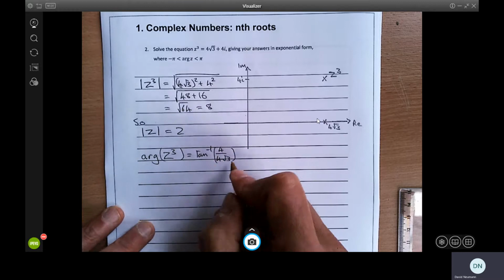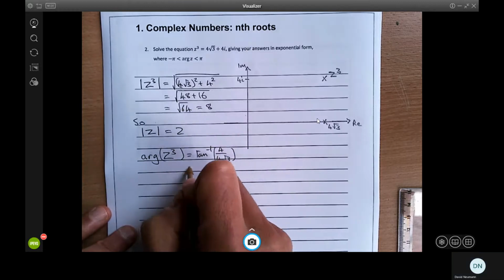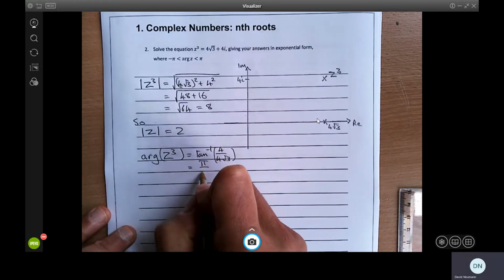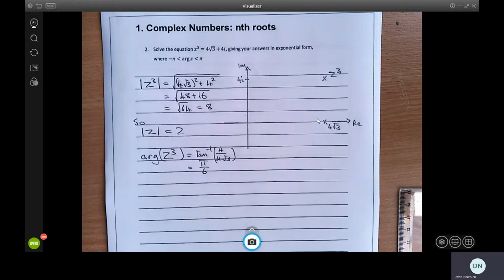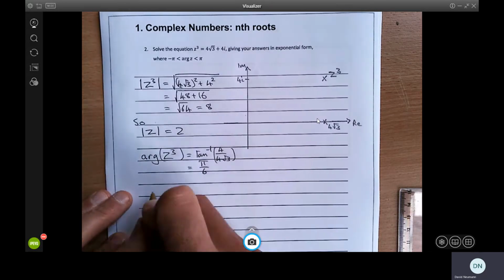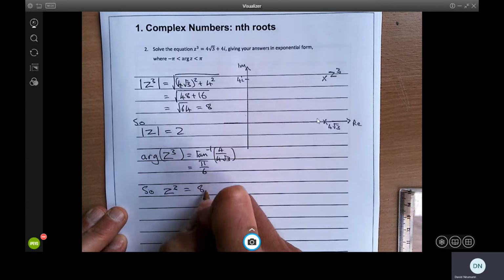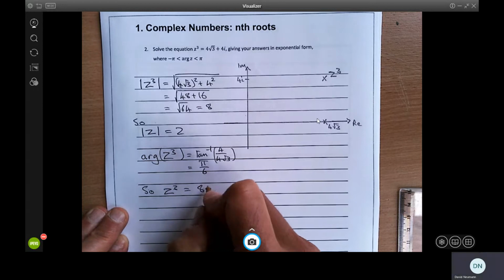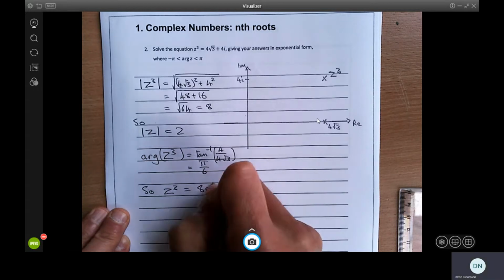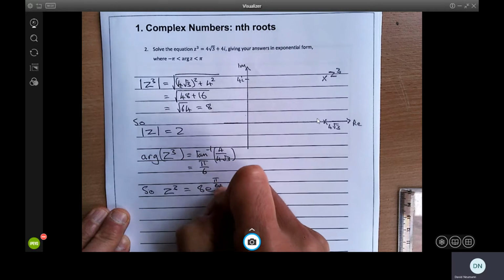In other words, tan to the minus 1 of 1 over root 3, which is pi over 6 radians. So let's write out z cubed. So z cubed is equal to 8e to the pi over 6 i.